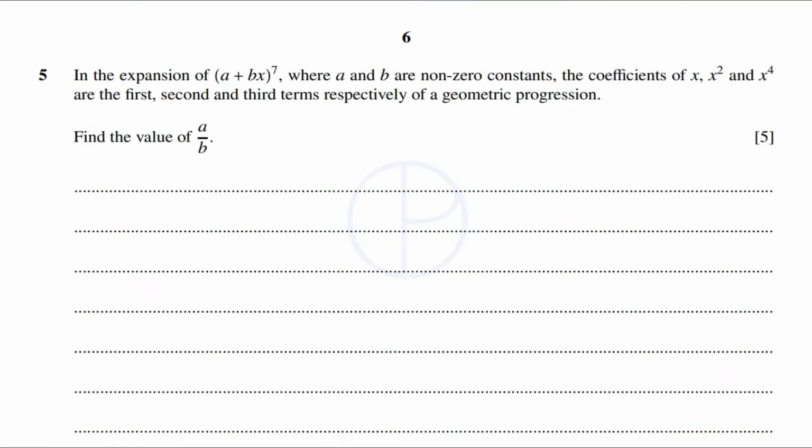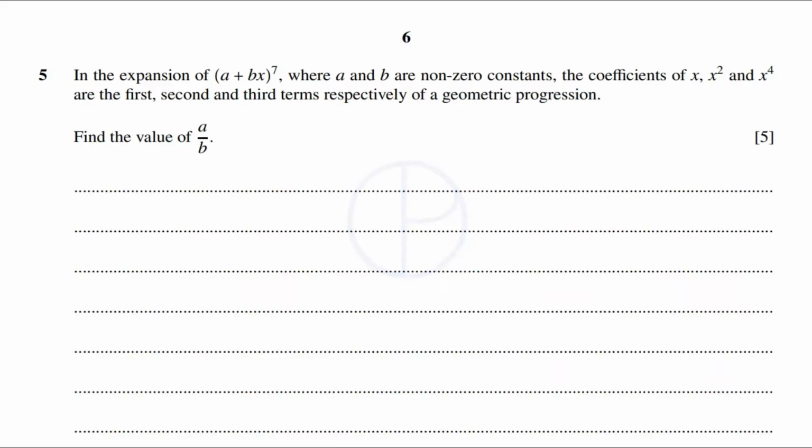The next question is, in the expansion of a plus bx the whole power 7, where a and b are non-zero constants, the coefficients of x, x square and x power 4 are the first, second and third terms respectively of a geometric progression. Find the value of a over b. So a plus bx the whole power 7 is the binomial expansion.